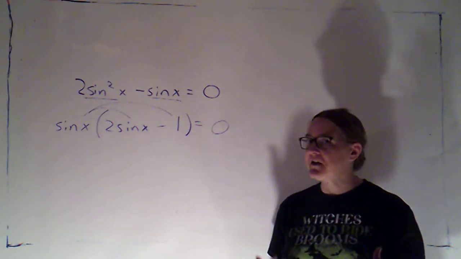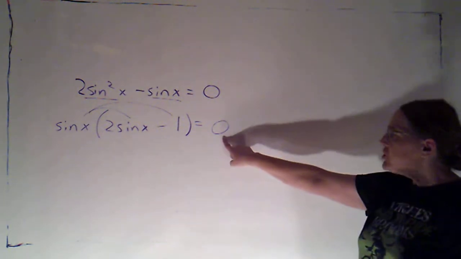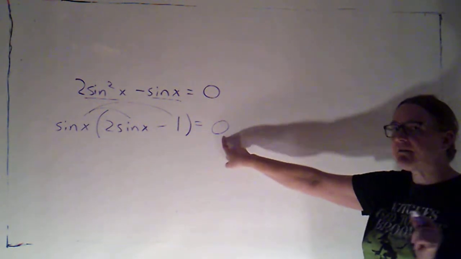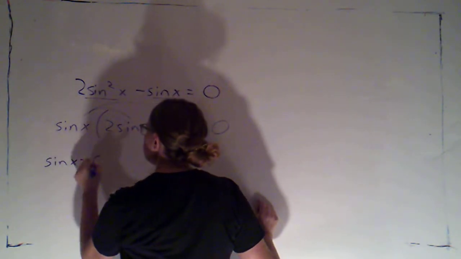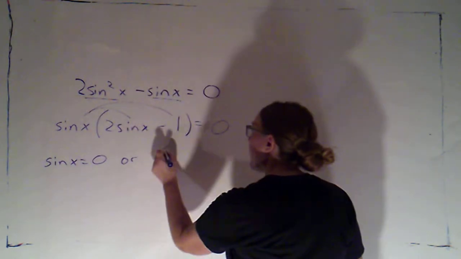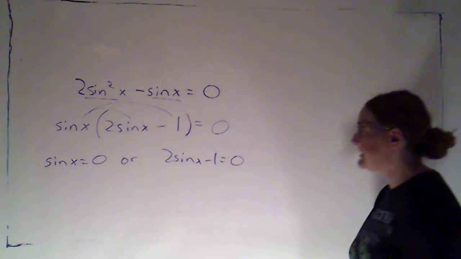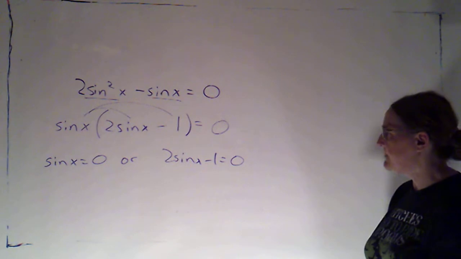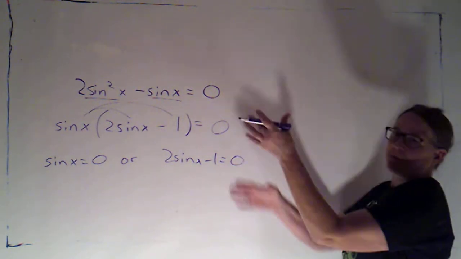There are lots of things that multiply to give me 5 that aren't 5. But if two things multiply to give me 0, one of those things is 0. So I now know that either sine of x is equal to 0 or 2 sine x minus 1 is equal to 0. And I forgot to write down the directions, but they're all the same.